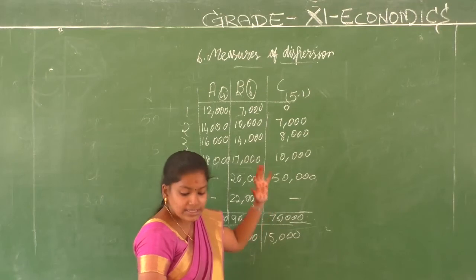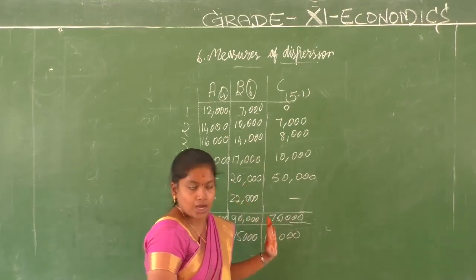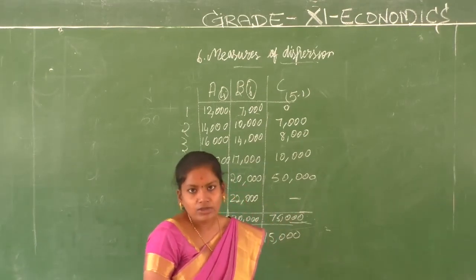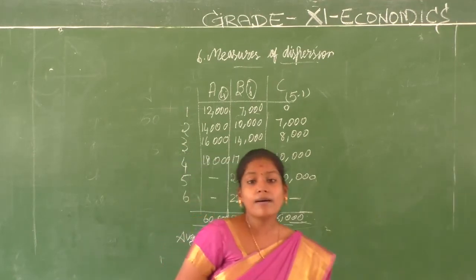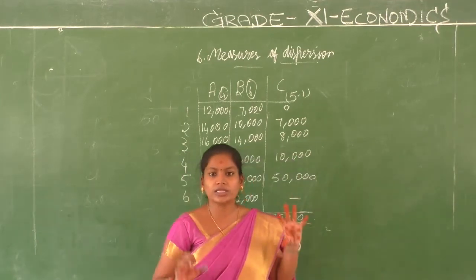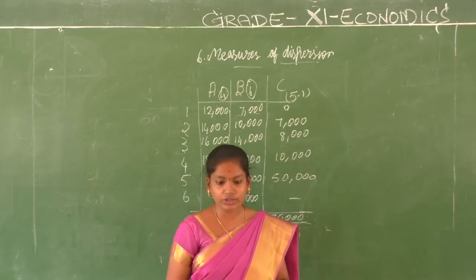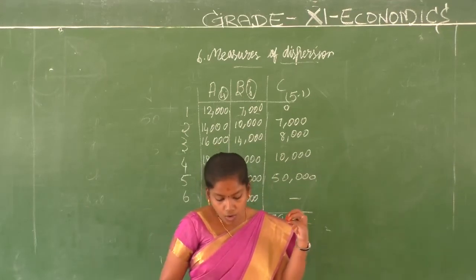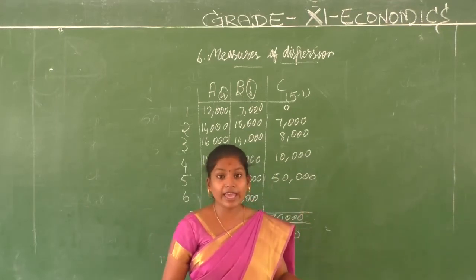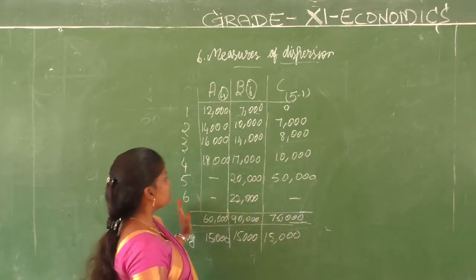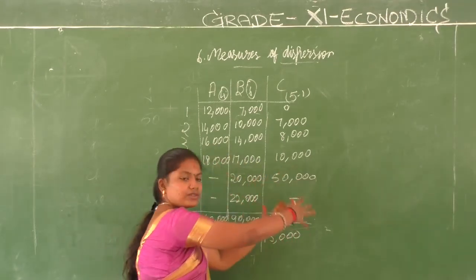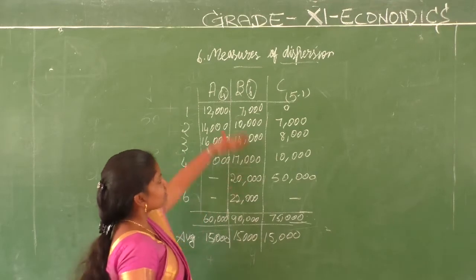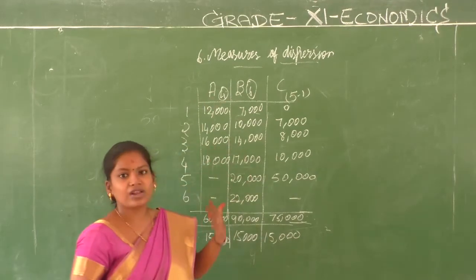Now, to know these differences, to know the spread of values, you need to know what? The measures of dispersion. Now, you understood why we are going into measures of dispersion? To know about the variability of the data, how it is different. This is different, this is different, this is different. The differences within each set of data itself are different.